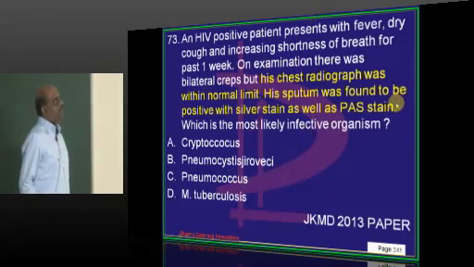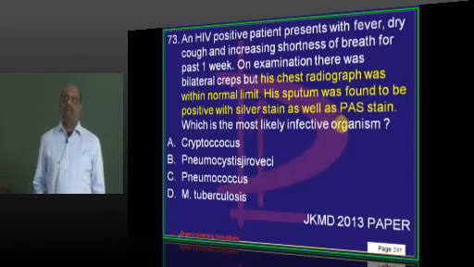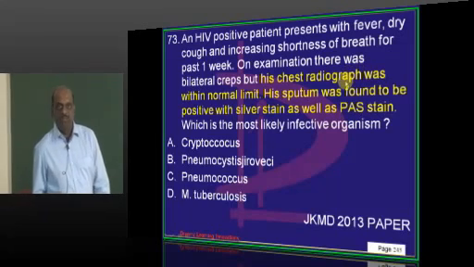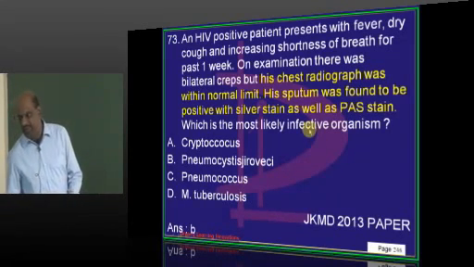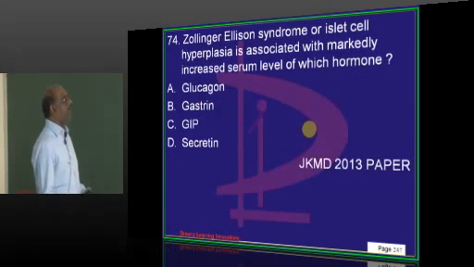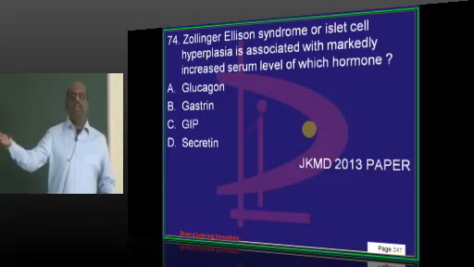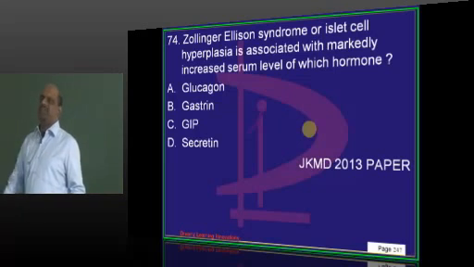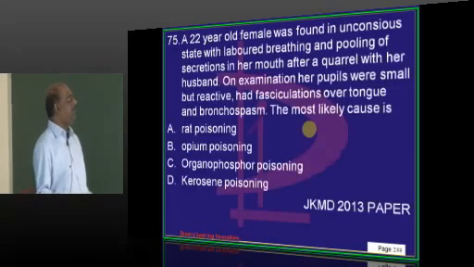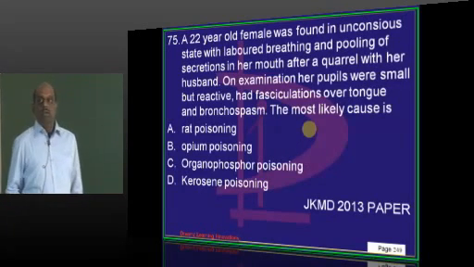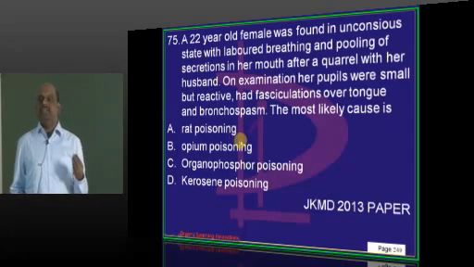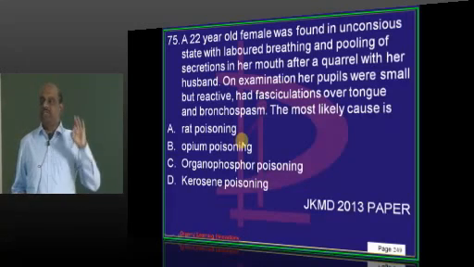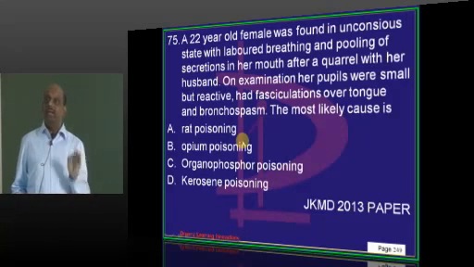An HIV positive individual typically presents with PAS stain positivity. What else is required? The answer is Pneumocystis carinii, is what you need to fundamentally remember. Zollinger-Ellison is an example of hypergastrinemia, is what you have to fundamentally remember. There are fasciculations, pooling of secretions, all excess acetylcholine, a cholinergic state.